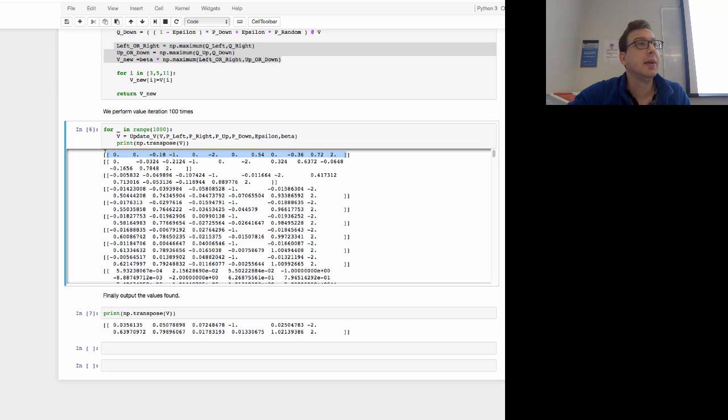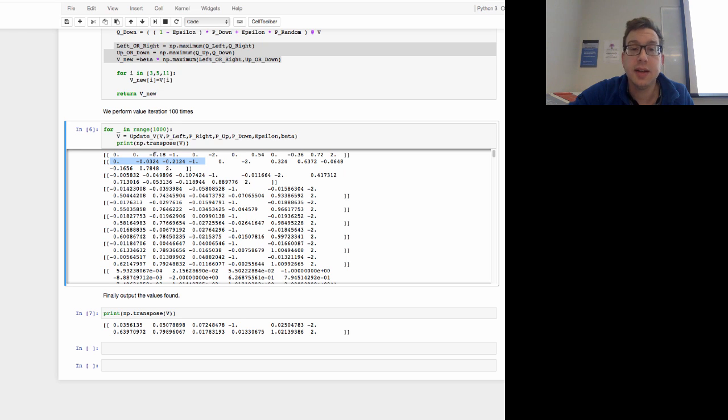Then it starts with those as the new values and says, given my first row is 0, 0, minus 0.181, what's it going to give me as the new row? Notice it's evaluated this part, and so this is slightly negative, minus 0.0324.